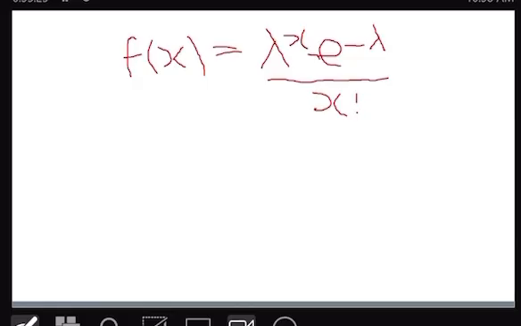This is the probability mass function for Poisson: e to the power minus lambda, lambda to the power x over x factorial.